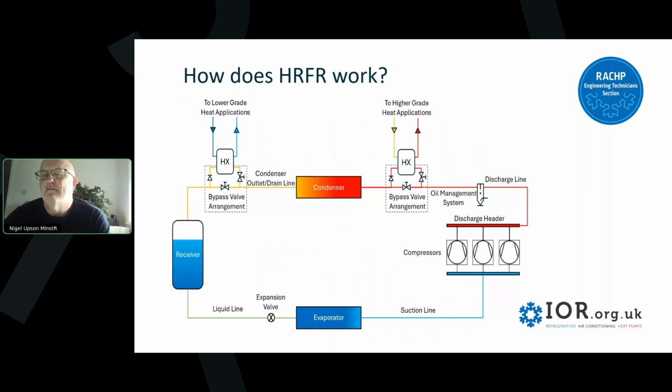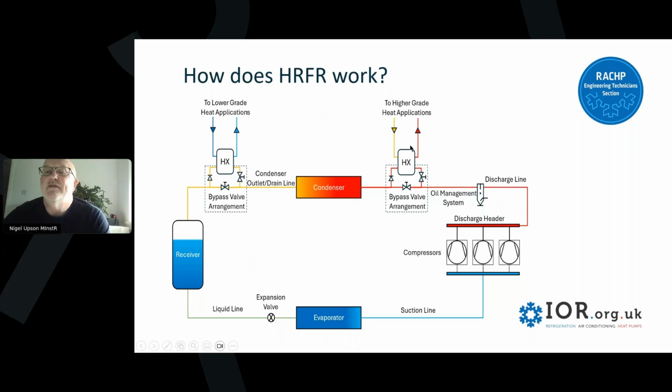I hope the experts don't disagree too much with my assessment of that. Now this is a diagram that's been used in the document that the IOR Environment Committee have been working on, which is a guidance note on heat recovery. So quite simply, you have your compressors that discharge hot gas to the discharge line and through to the condenser.